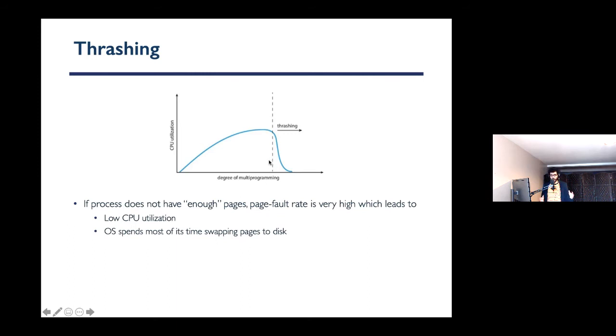So at some point, as you increase and increase the number of programs in your system, each one of them requires a certain amount of memory to run, right? Now, the sum of these memories at some point becomes larger than the capacity of your system in terms of memory. So let's say you have 4 GB or 32 GB memory system.